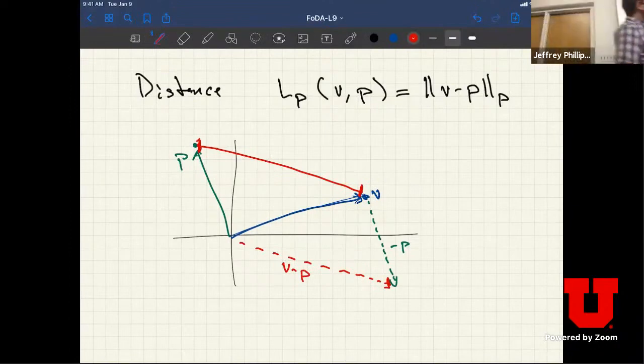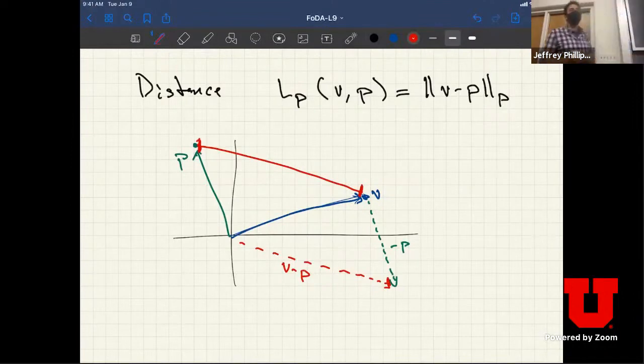What's nice about this is now I have a vector from the origin, this V minus P vector, and so I can measure its length as a norm, right? The norm measures the length from the origin of this vector, and that length from the origin is the same as the length in between the two here.